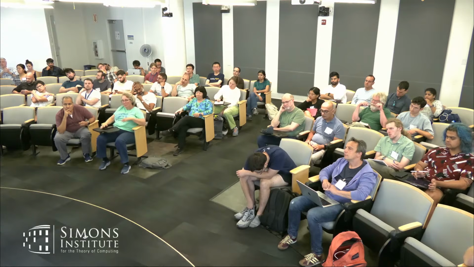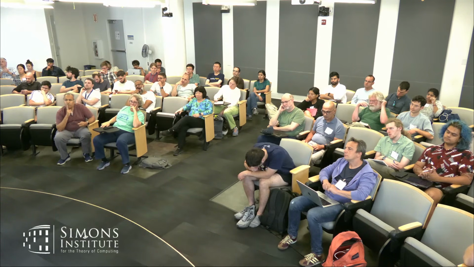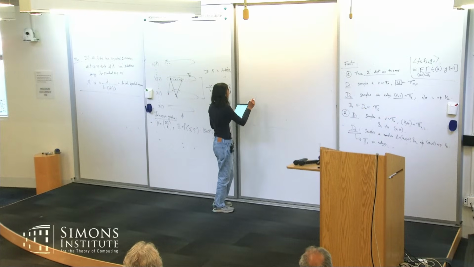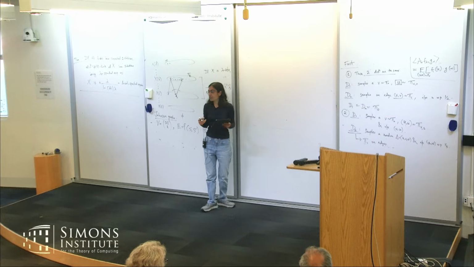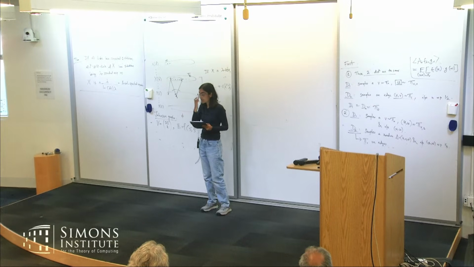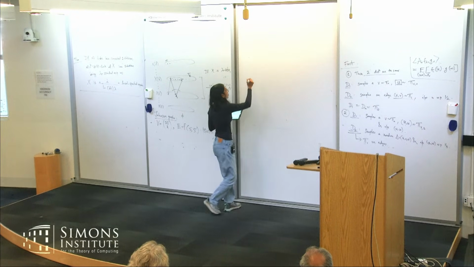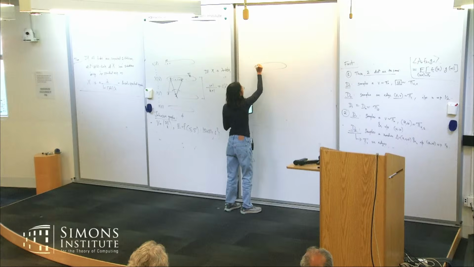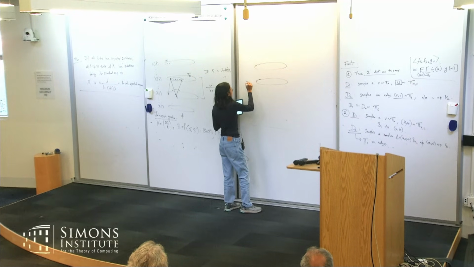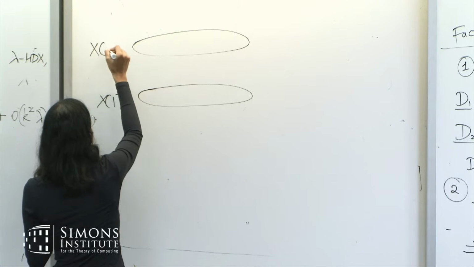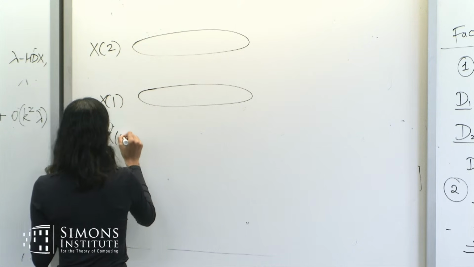I'll end with a quick comment on how this is proved. Just like we had these normalized adjacency matrices, we can define normalized operators on HDX. So let's just look at x1, x2, and x0.